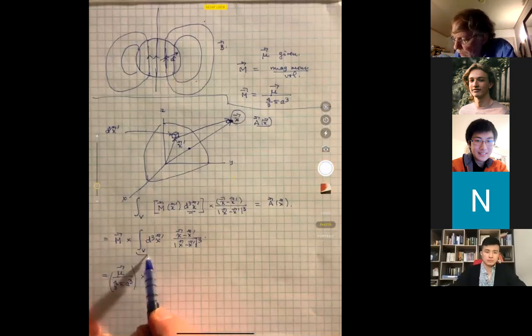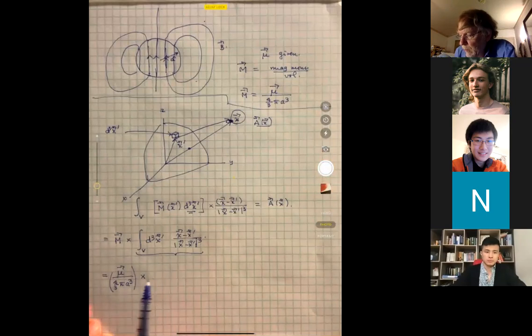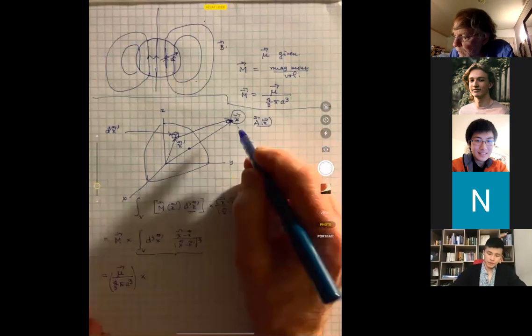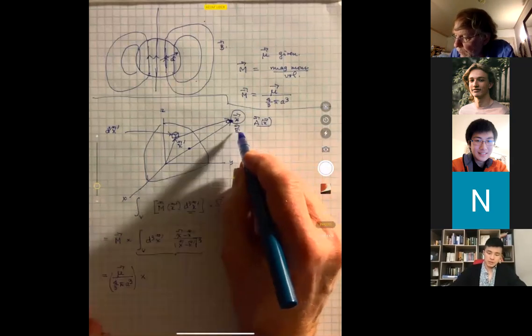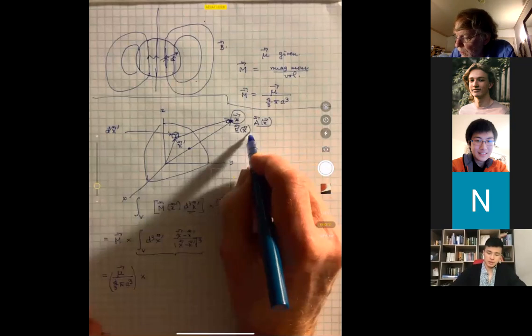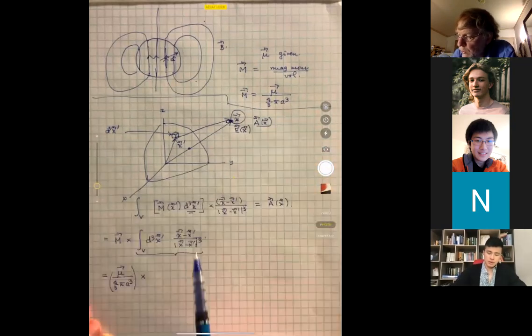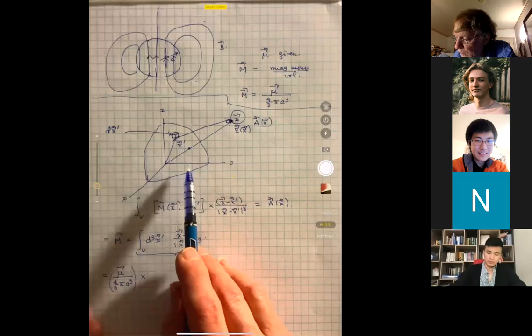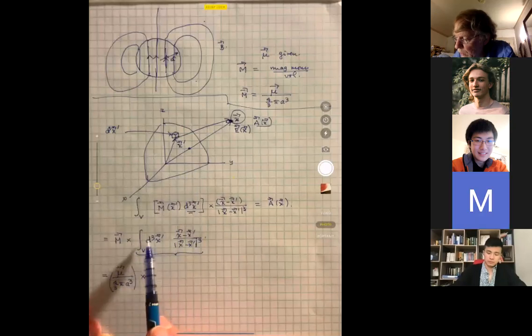Now this integral is actually pretty easy to evaluate, because if you look at it, you can see that it has an interpretation in electrostatics. By Coulomb's law, this integral is equal to the electric field that we would see at the field point. Let me write it as E of x, due to a charge distribution inside the sphere, which has a charge density of 1. That's because there's no rho under this integral.